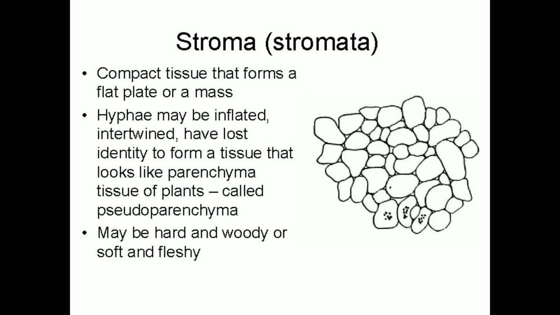Stromata means a compact mass of hyphae aggregated together, a compact tissue that forms a flat plate or mass. The hyphae may be inflated, intertwined, and have lost their identity to form tissue that looks like the parenchyma tissue of a plant, called pseudoparenchyma. That means when the mycelium becomes fragmented or broken into small pieces, the hyphae look like parenchymatous tissue, flat in structure and aggregated together.